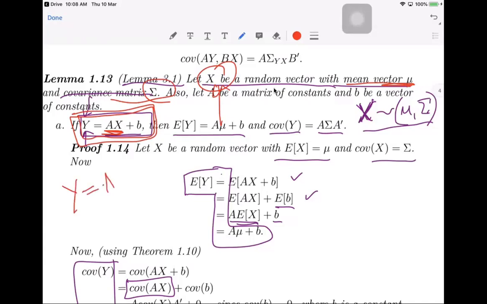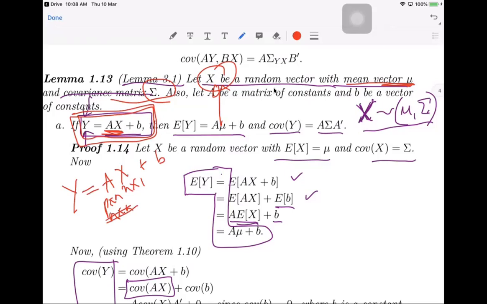So for example, your X is n by 1. Your matrix A can be P by N or can be N by N. And your vector B should be P by 1 if A is P by N, not square.